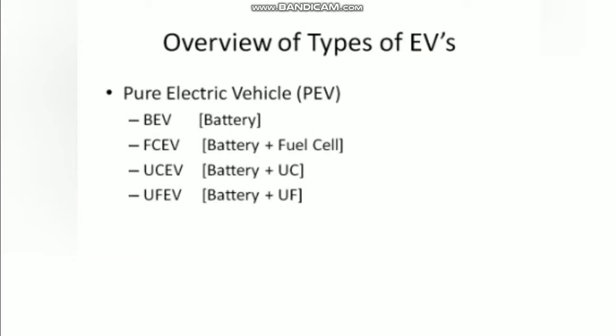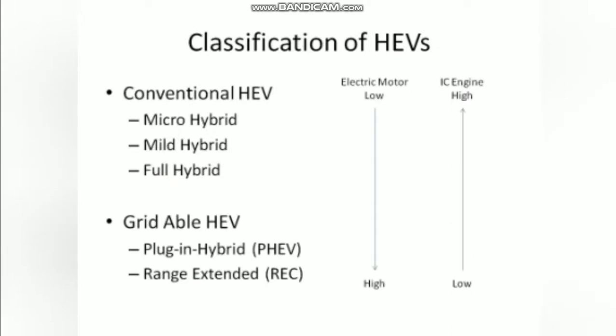So, as we know, a hybrid electric vehicle uses both motor and IC engine for propulsion purposes. On the basis of the ratio of hybridization between electric motor and IC engine, it is classified into 5 types: micro hybrid, mild hybrid, full hybrid, plug-in hybrid, and range extended hybrid electric vehicles. The rating of the electric motor is very low in a micro hybrid vehicle and is high in a REV.